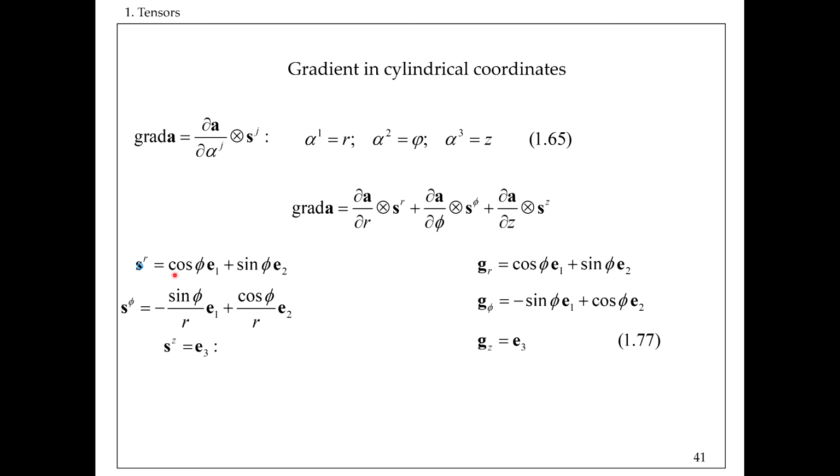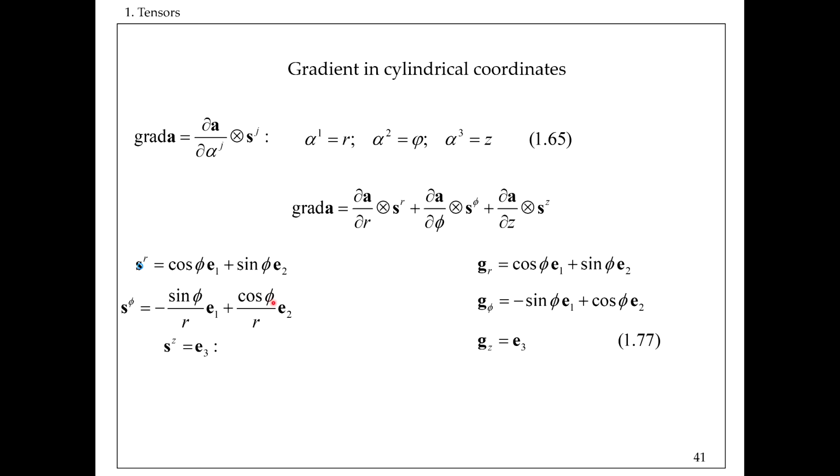So, for example, e_r is exactly the same as g_r, so we don't need to do anything. We can just substitute g_r here, and it will be the same thing. The same with e_z, because it's trivial: it was e_3 and here it's e_3, so they're the same. So I can just easily write e_z, or I can say g_z. But with e_phi, the one that corresponds to the angle, we need to multiply that with 1 over r, and then we can write g_phi, right?